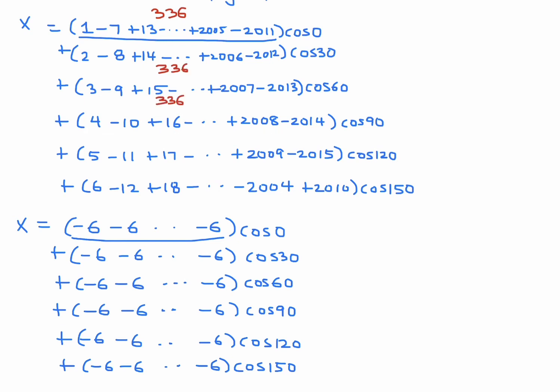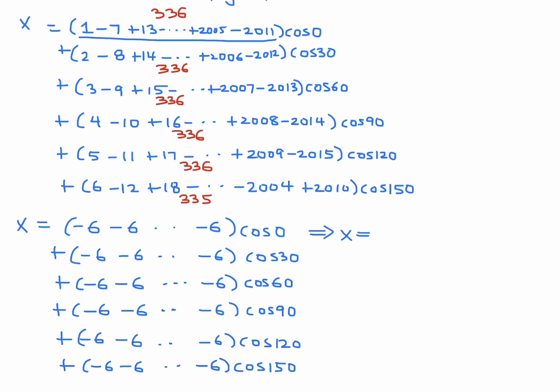From here to here, it was also 336. This was 336. And if you notice here, it actually didn't increase. It didn't go up to 2016. So this actually is only 335. And that's a very important point to assess. I'll just continue over here since it keeps it all on the same screen.